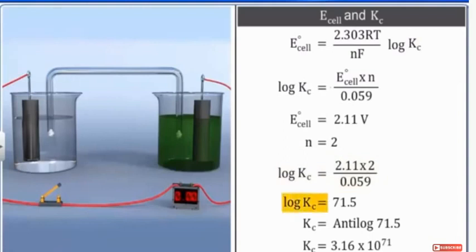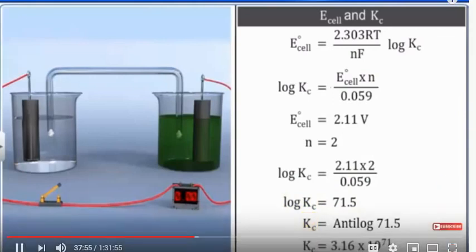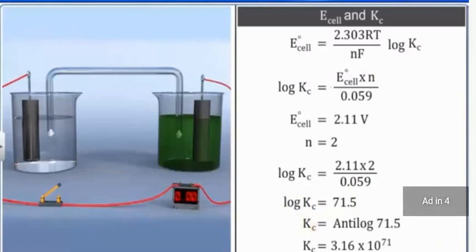To find Kc, you can take the inverse log or the exponential function of both the sides. This gives us a value of 3.16 times 10 to the power 71 for Kc, an extremely large number.